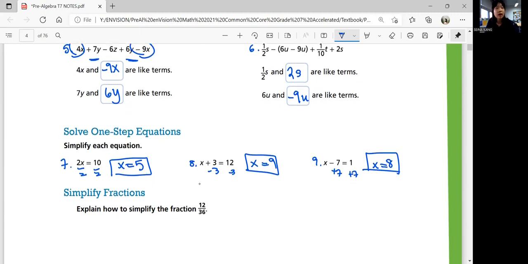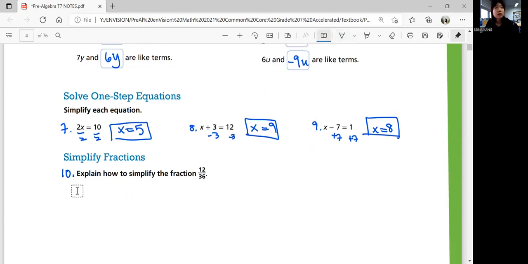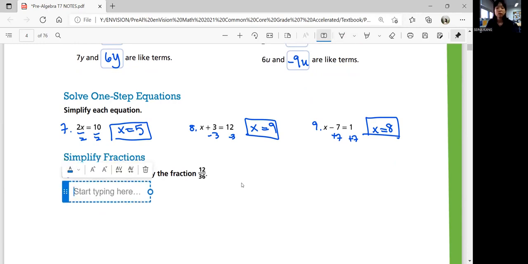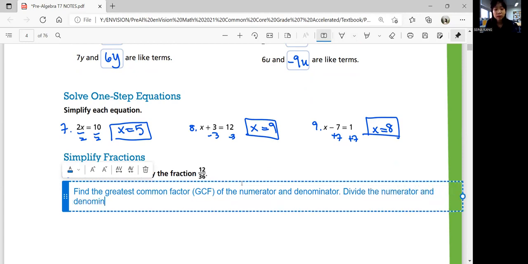Let's simplify fractions on number 10. Explain how you can simplify the fraction 12 over 36. How do you simplify fractions? First, you can find the greatest common factor, GCF, of the numerator and denominator. Then you can divide the numerator and denominator by the GCF.